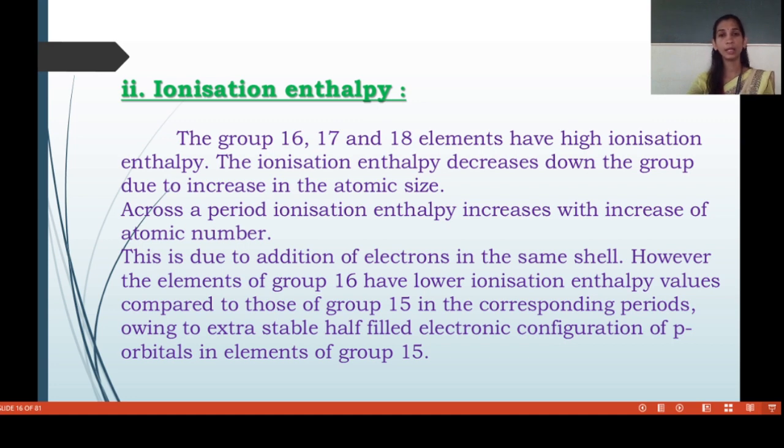When we add one electron into the same shell, the ionization enthalpy increases. However, the elements of group 16 have lower ionization enthalpy values compared to group 15 in the corresponding period, due to the extra stable half-filled electronic configuration of the p orbital in the group 15 elements.